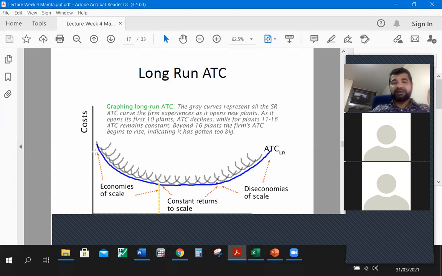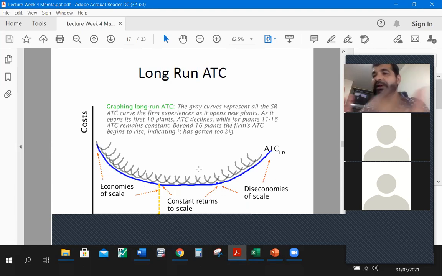Okay. So I look at this, the blue line, the long run average cost. The rule is that when you see your average total cost is decreasing, it means you are enjoying economies of scale.